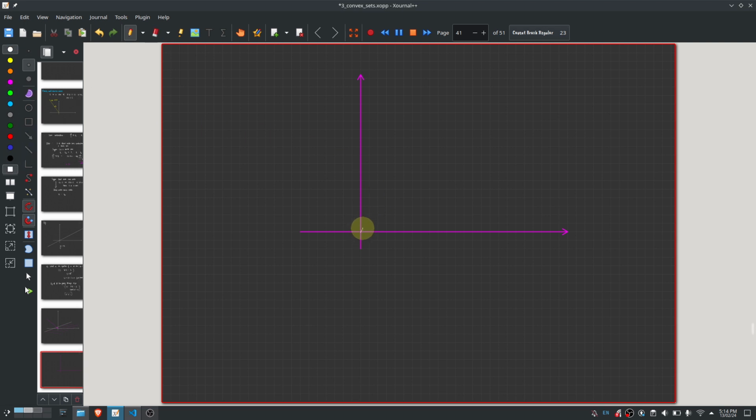So it would look something like this, right? I drew something over here, but is this a cone according to our definition? It is, right? Because it contains all rays.